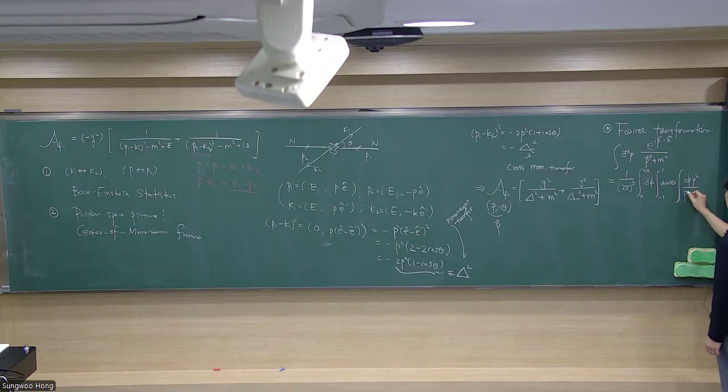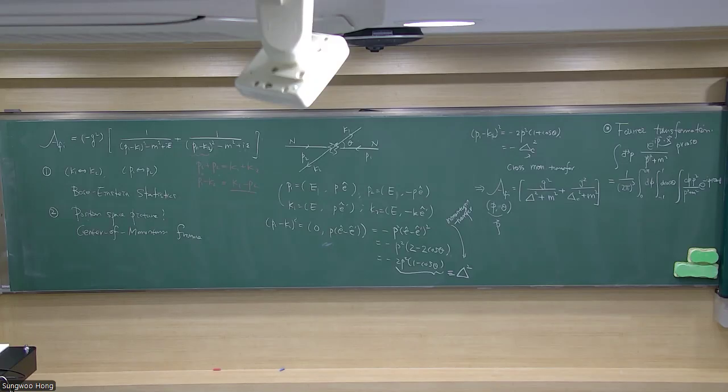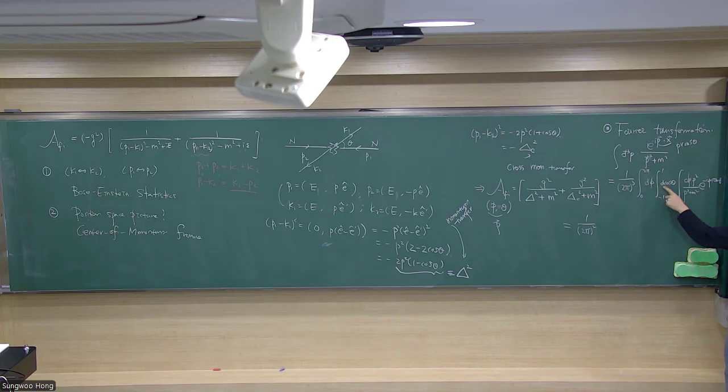And then 1 over p squared plus m squared, e to the minus i p r cosine theta. Alright, so let's do first things first. So this is easy to do. I can do it immediately. So that gives me 2 pi. And then let me get rid of this cosine integral by actually doing it.